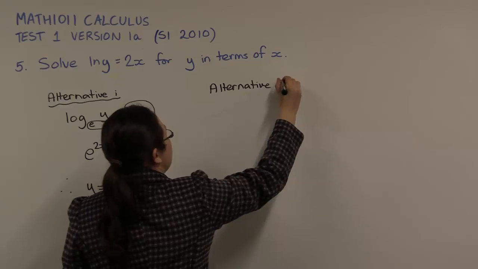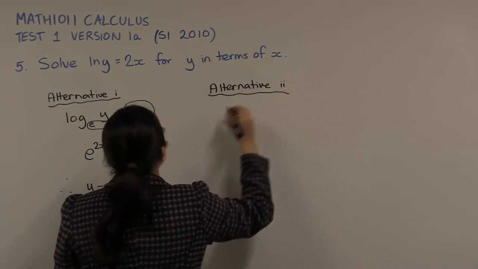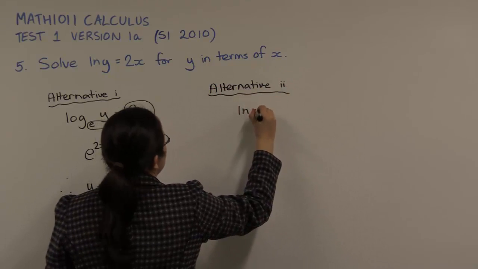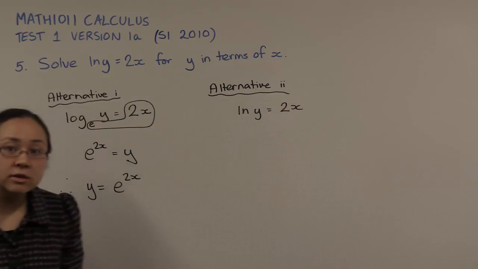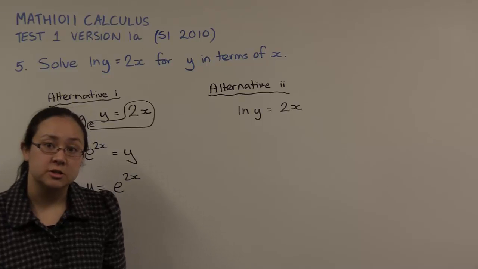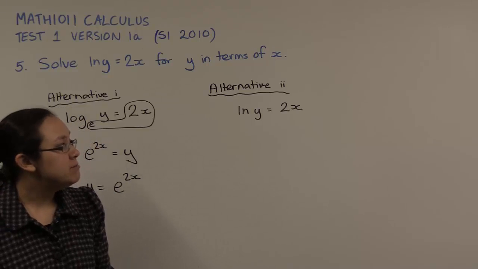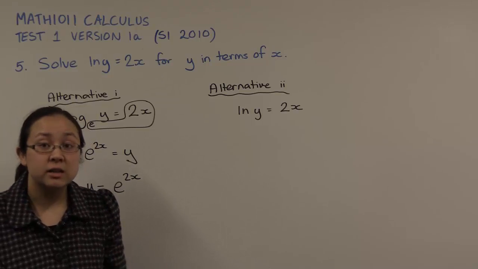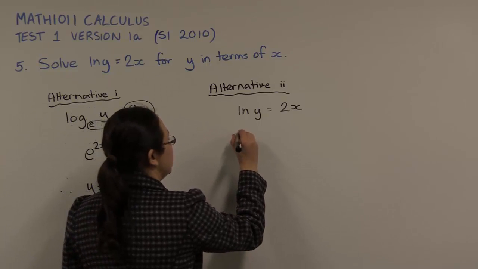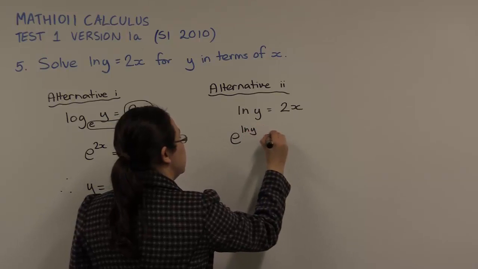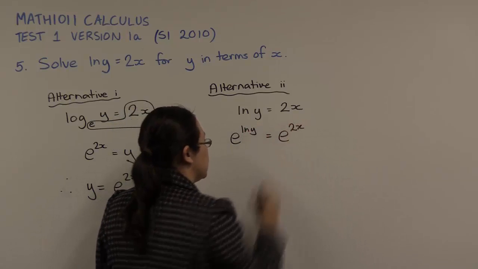Another way you might think about this question, and you can write it as ln or you can write it as log base e, is that logarithms and exponentials are inverse functions of each other. So if we do e to the power of both sides, right? Raise both sides to the power of e, we would get e to the ln y is equal to e to the 2x. Right?